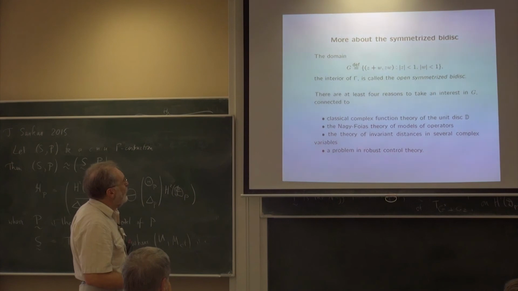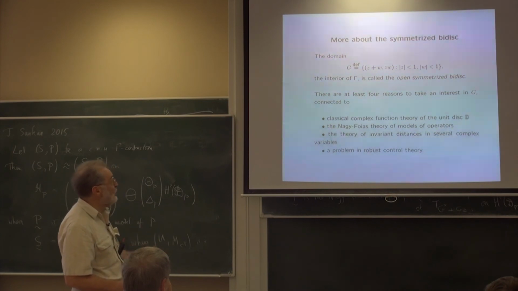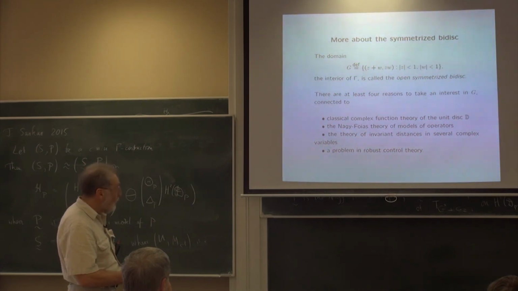This has turned out to have a theory of interest to several different classes of people. So one thing you could be interested in is its commonalities, but also its differences from classical complex function theory in the unit disk. The second one, of course, is what I've been talking about.